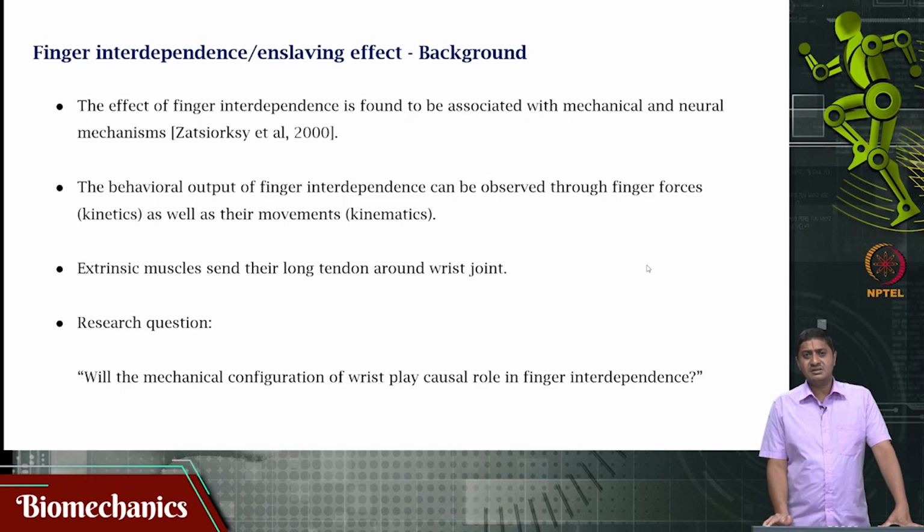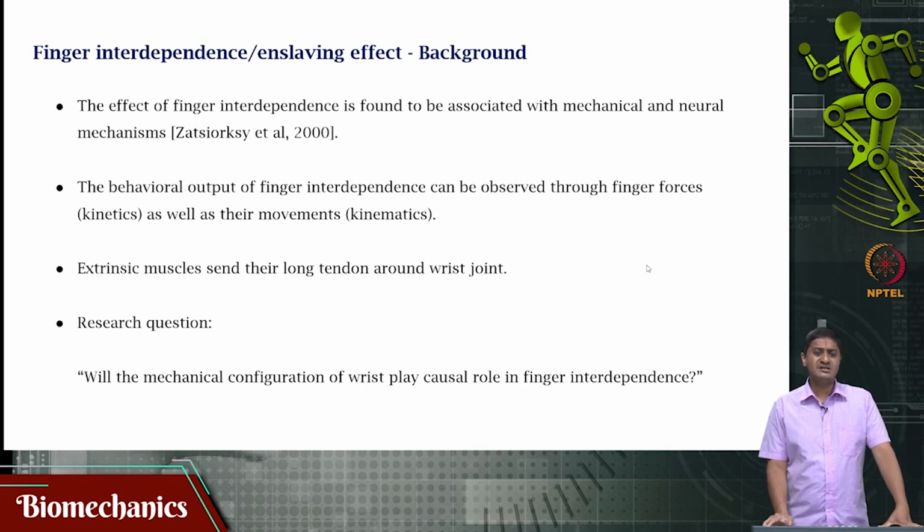We actually thought, when we started out, that we were completely biased into thinking that wrist posture of course will affect finger interdependence. Why not? Because if I am flexing, the extensor tendon is pulled or stretched. If I am extending, the flexor tendon is pulled or stretched.